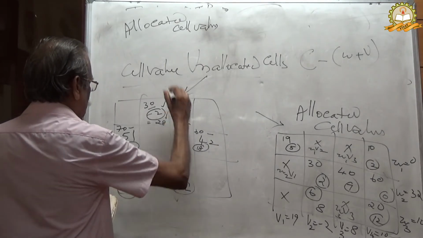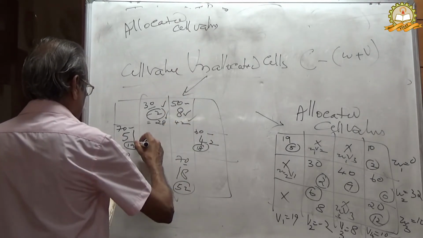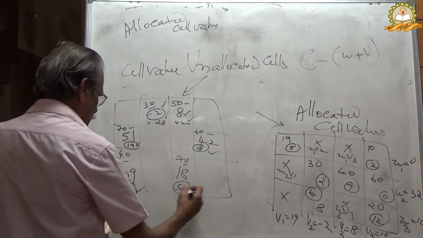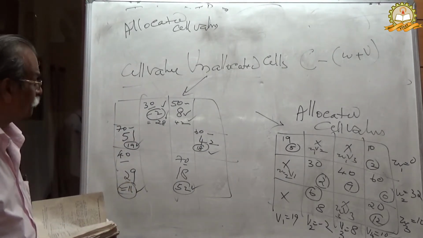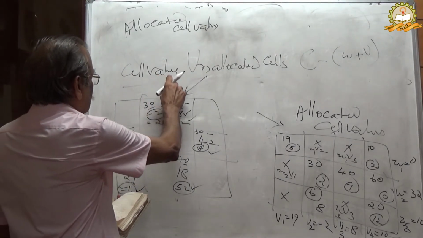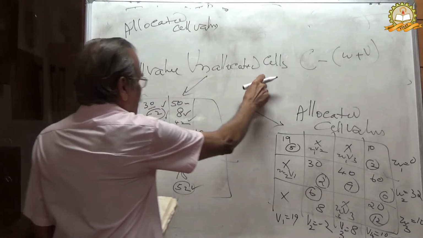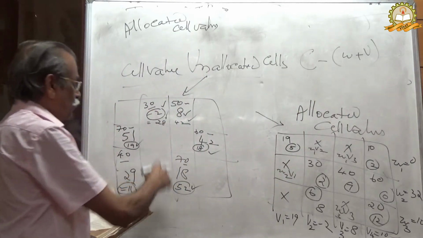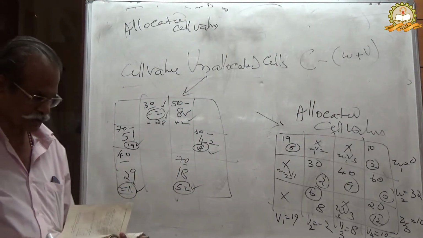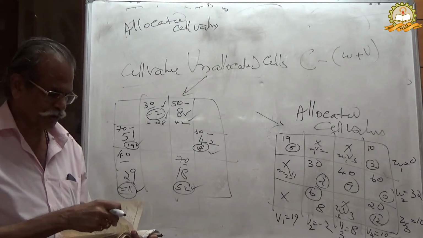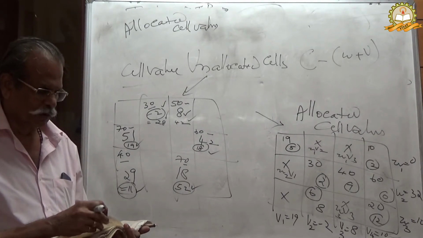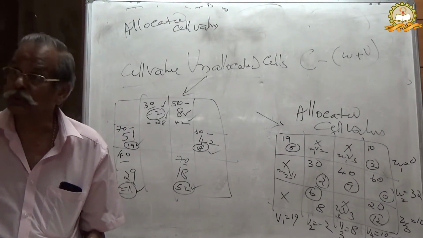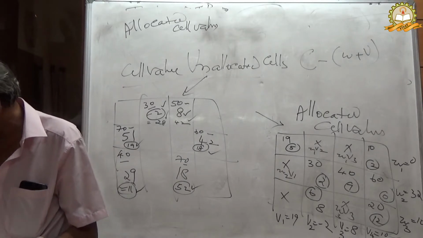Therefore, these are all positive numbers. So for all the cell values of the unallocated cells, by the calculation C minus (U plus V), we got all positive values. Therefore, the optimality test is satisfied.